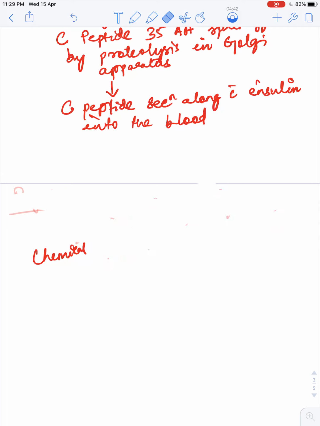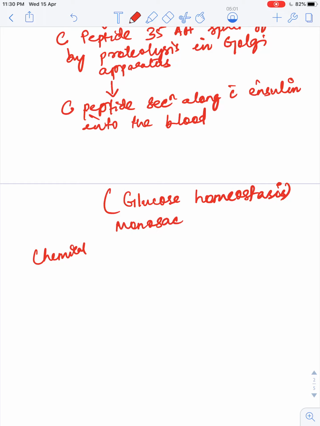So to understand the chemical mechanism, first we have to understand a bit of glucose homeostasis. So glucose is consumed in the food as monosaccharide or starch and disaccharide.